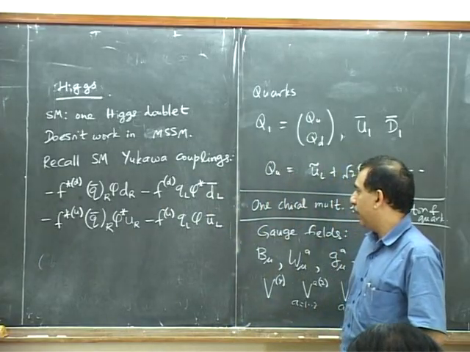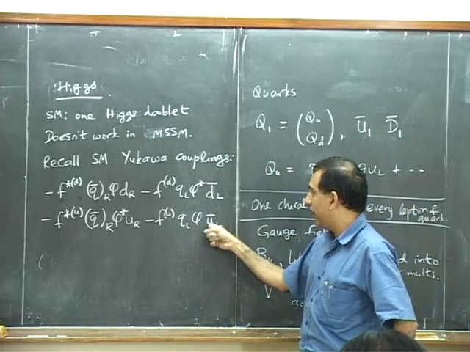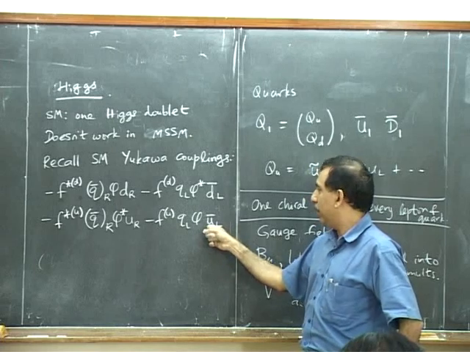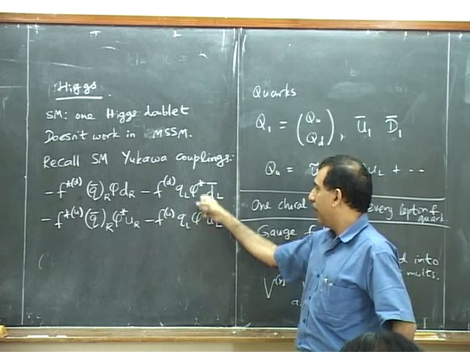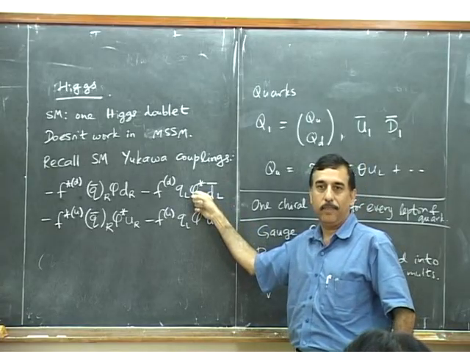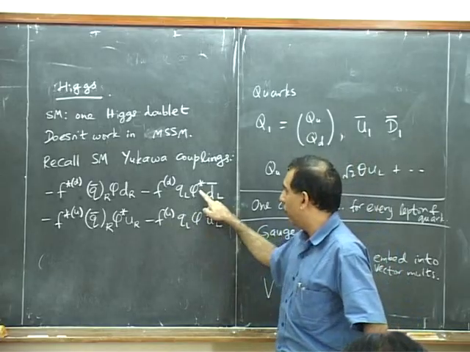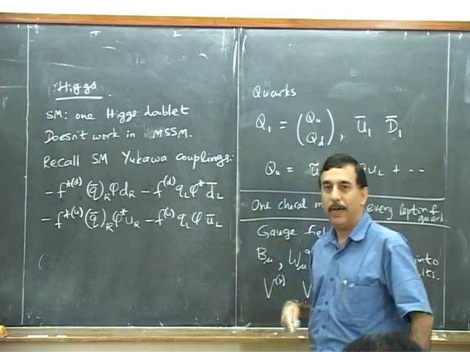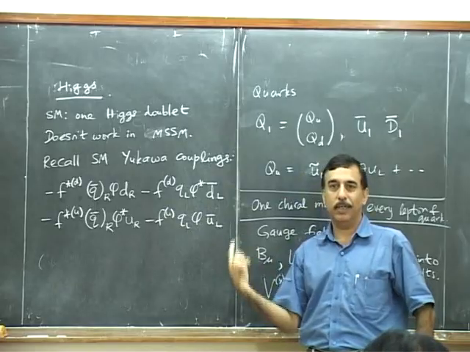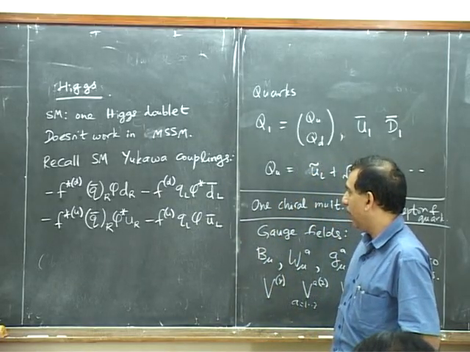And the reason is, if you like, that what gives a mass term for the left up quark is phi, but what gives a mass for the left down quark is phi star, the complex conjugate. If you really work out all these indices properly, this phi star might actually be a phi c, which is complex conjugate and some epsilon symbol multiplied in. I'm not worrying too much about that.